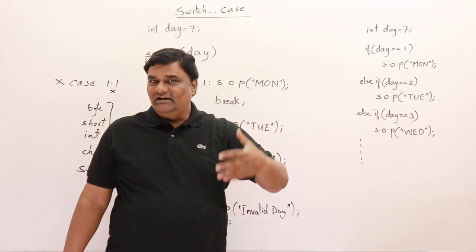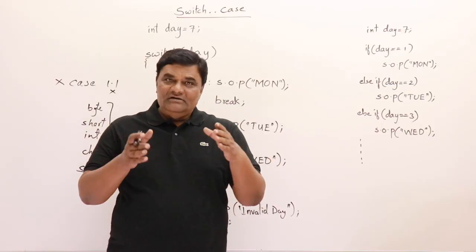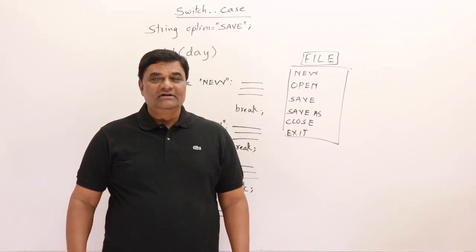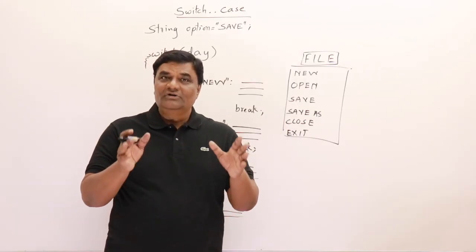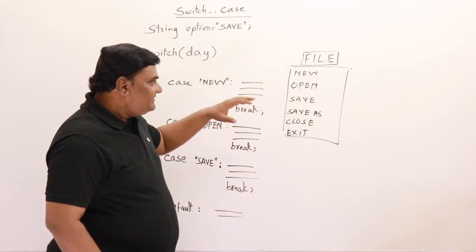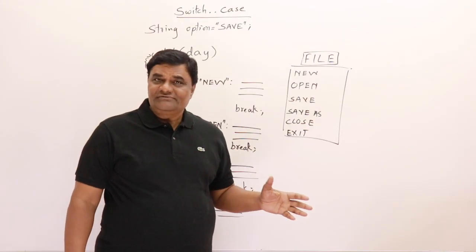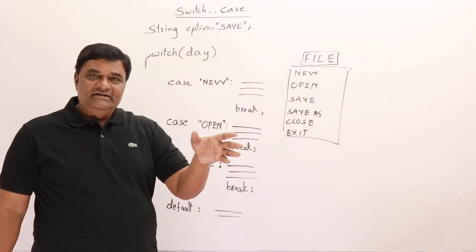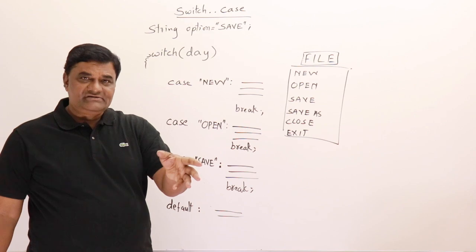Just I will give you the idea how switch cases are useful for writing menu driven programs. Here I have an example to show you how menu driven programs are written, just to give you the idea. See, in most of the applications on Windows, we find a menu on the top for every application, like file, edit, tools, settings.